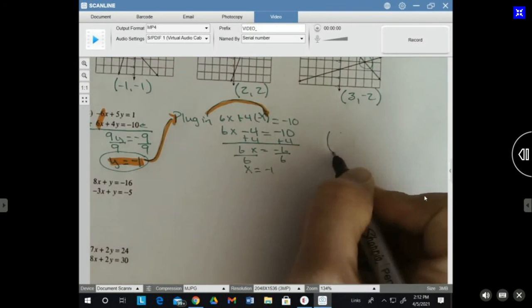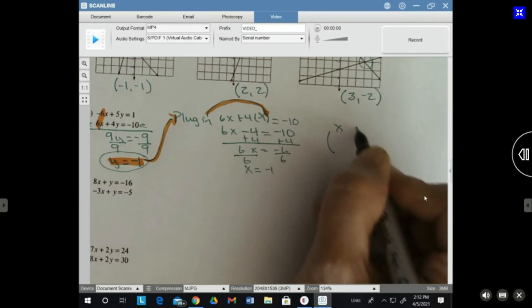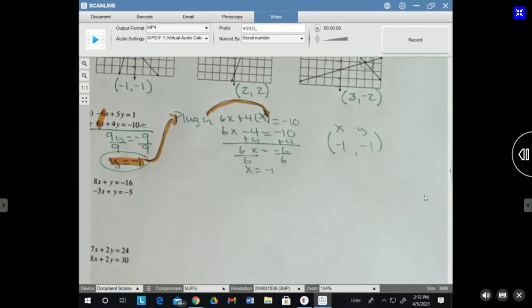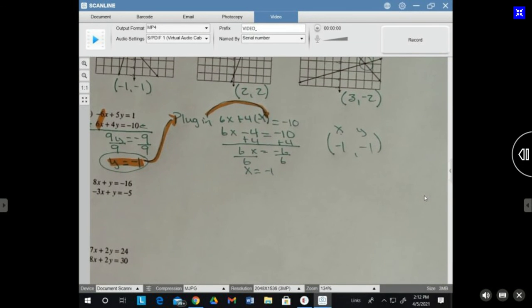So my answer, remember x always comes first: negative 1, negative 1. Yes? All in all, on elimination, we've got about 8 problems on this business here between the graphs and the difference in sum word problems.